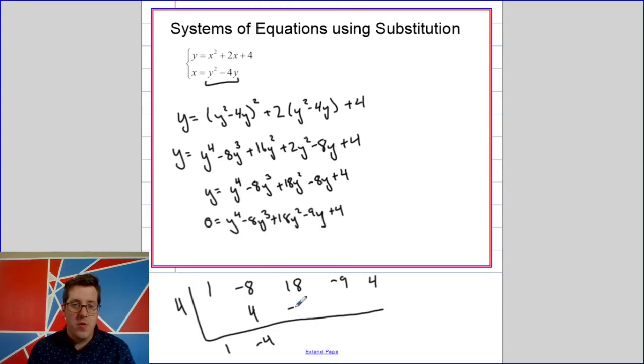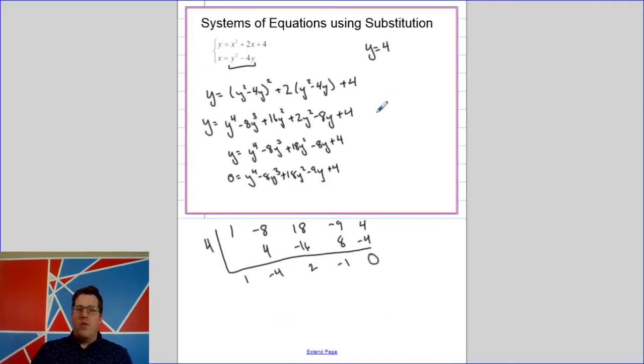Sorry, that would be +2. So we know that one of our zeros has to be y equals 4.